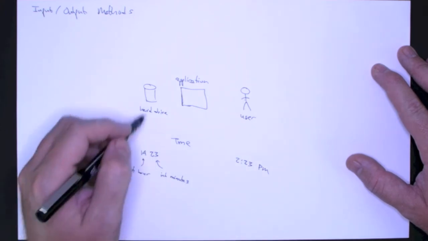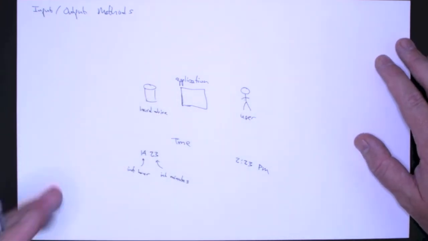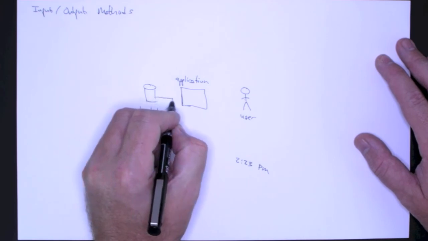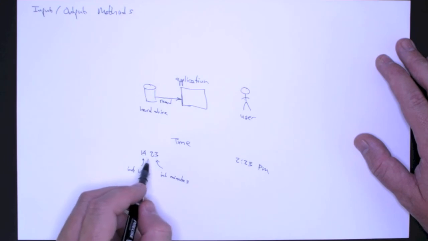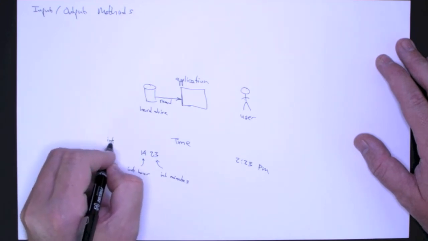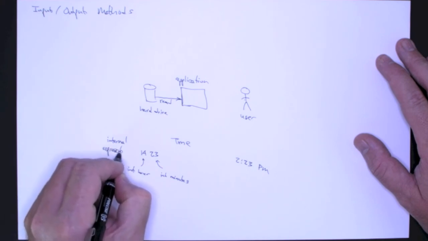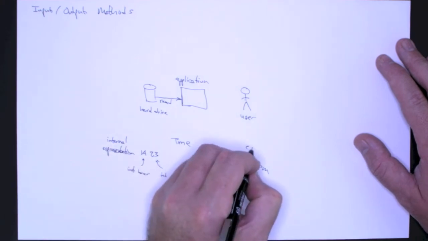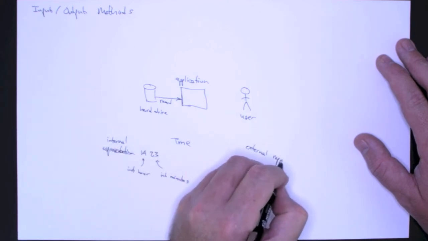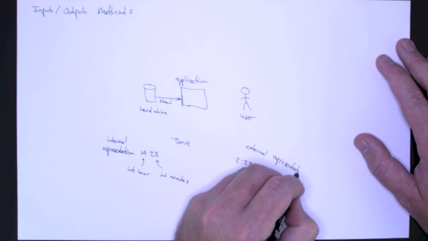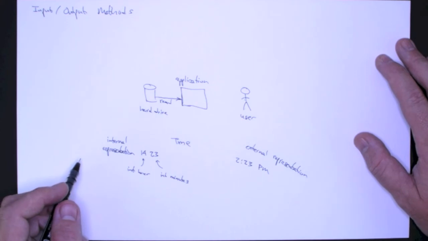So the way we store things on the disk may not be the way that they're actually presented to the user. And so what we need is a method called read, which reads the time, and I'm going to call this the internal representation. And this is the external representation of time. And our methods for communicating this information are going to be different.